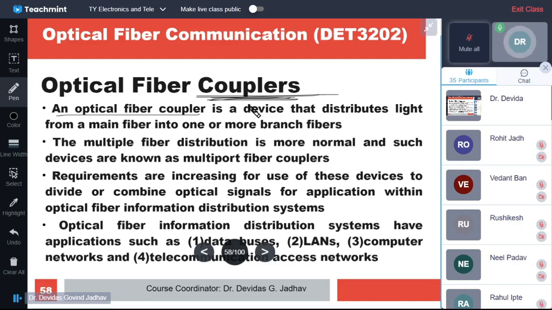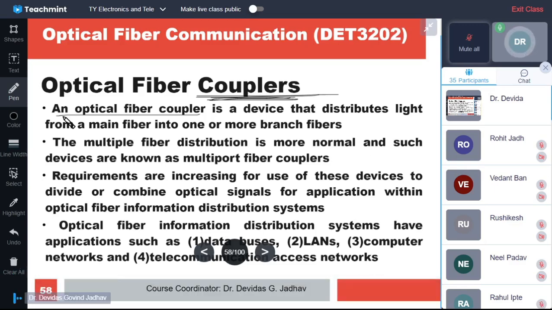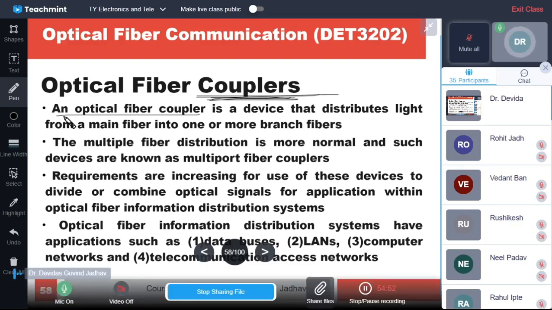There we require these couplers. Then there are large trunk networks. From the trunk network we have to connect the stations, and from the stations we connect the subscribers, and so on, where everywhere couplers are required.